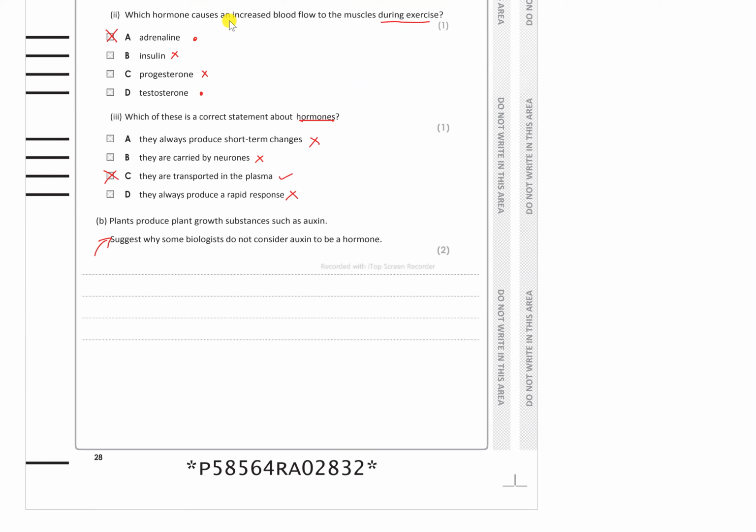Plants produce growth substance called auxin. Some biologists do not consider auxins to be a hormone. Why? They are not produced by endocrine glands and do not travel in the bloodstream.